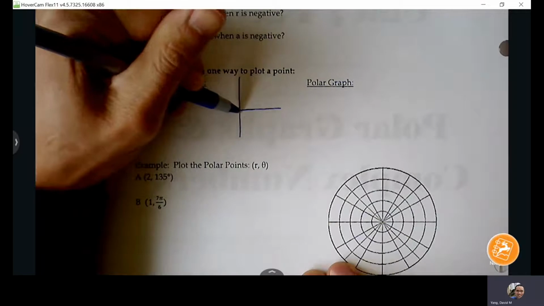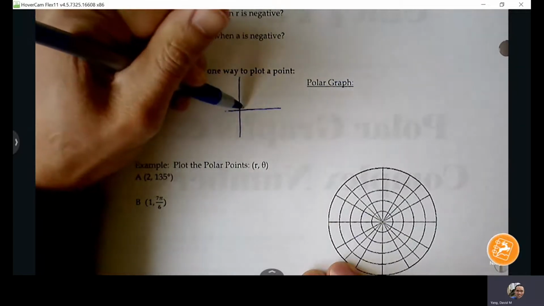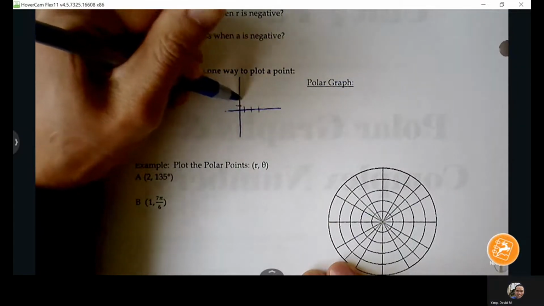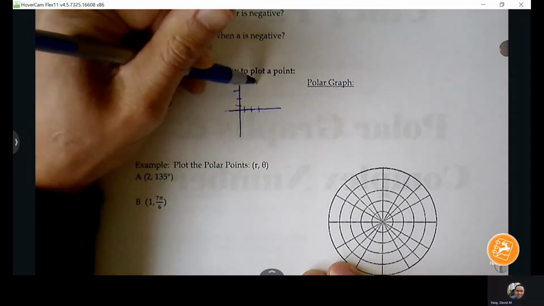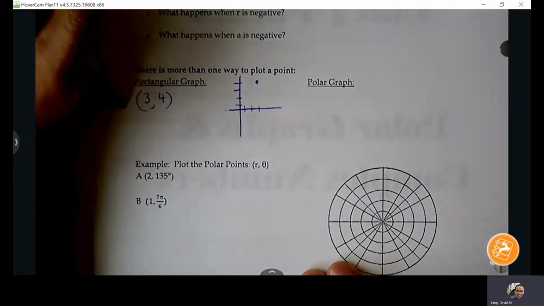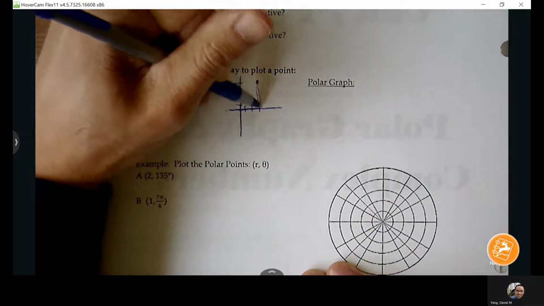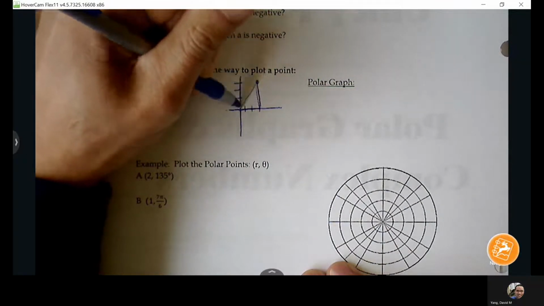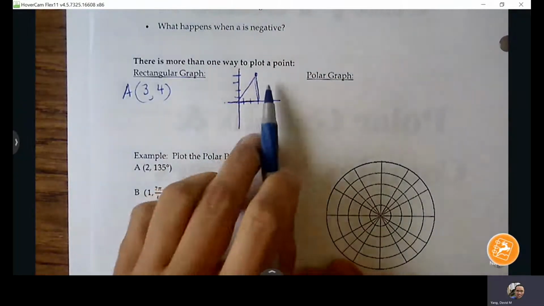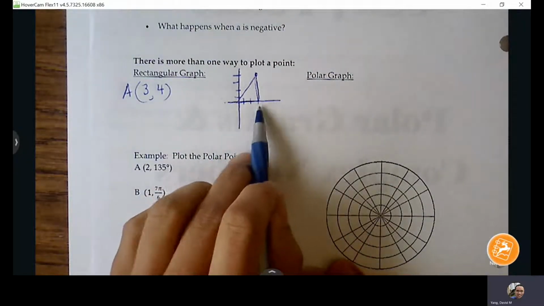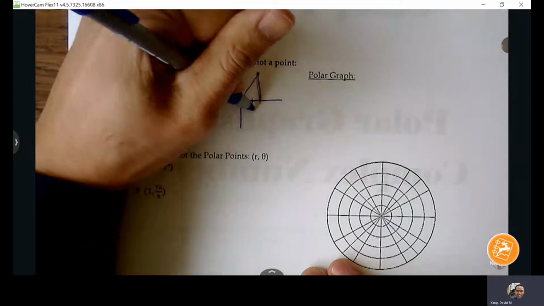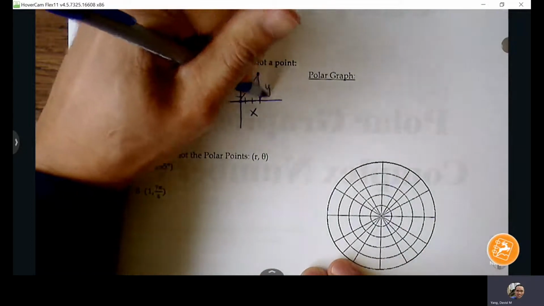Then we will go left 3 units and up 4 units, right? Let's say I call that point A. So I can just go left 3 and up 4, and we can treat those as X and Y values, right?